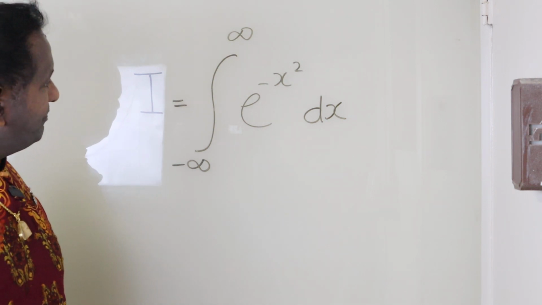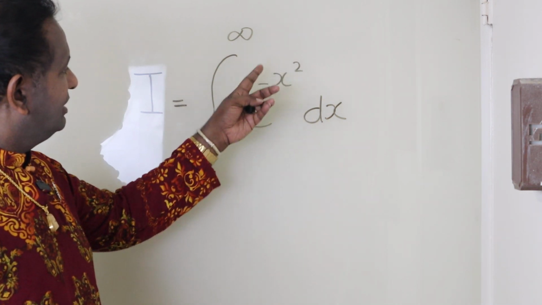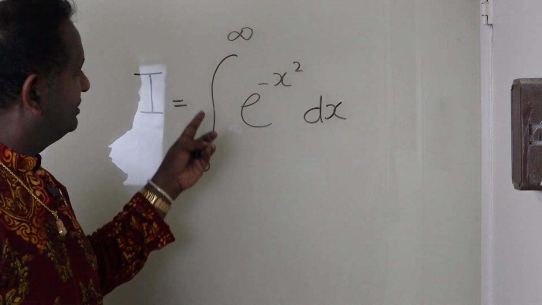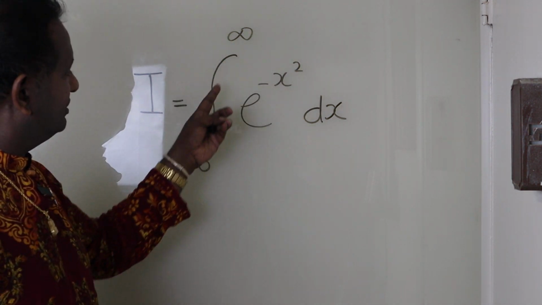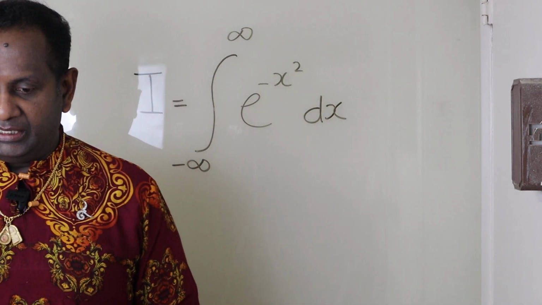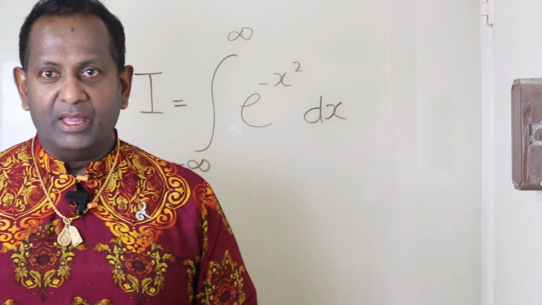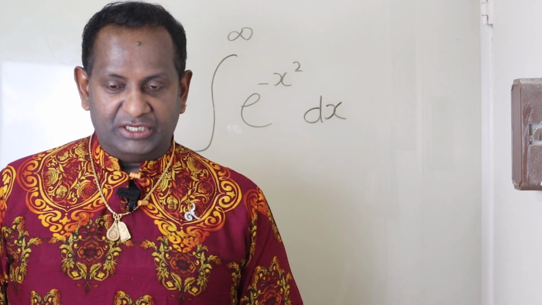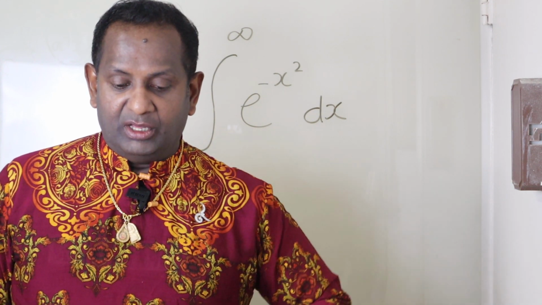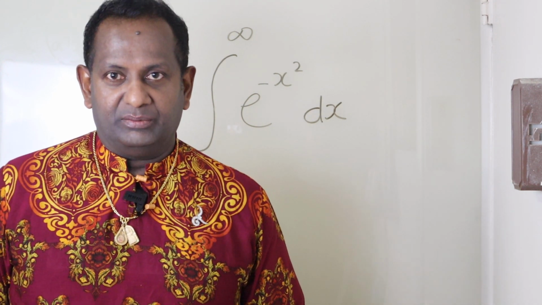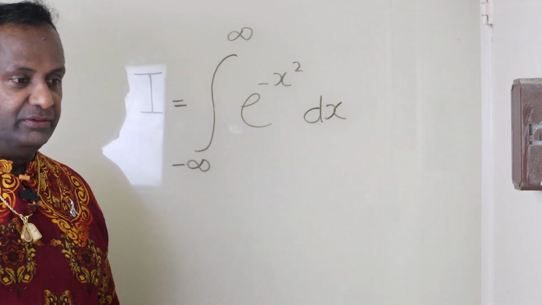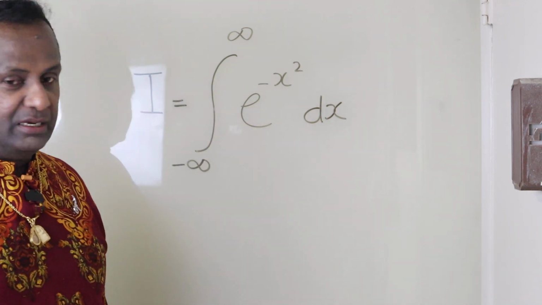But unfortunately, we don't have the derivative of minus x squared, which is minus 2x, right next to this exponential function. That tells us very clearly that we cannot use integration by parts, change of variable, differential technique, or substitution. Those methods cannot be employed to get this done.